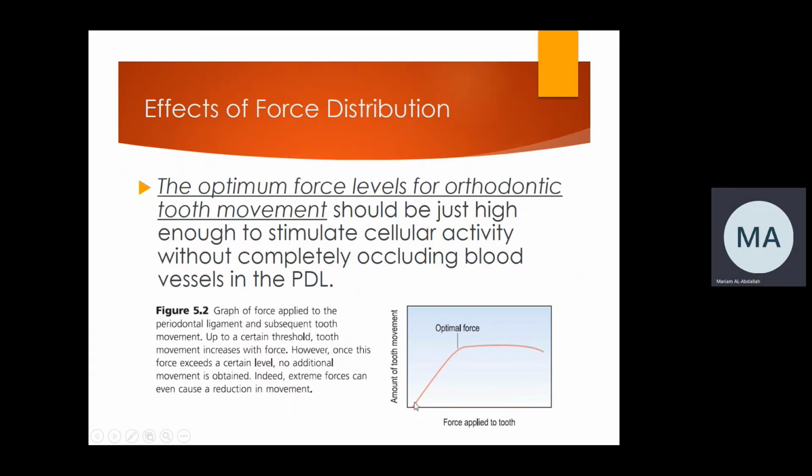Once we reach the threshold above which we will start to have a little bit of tooth movement, we will start to have the efficiency of tooth movement starting from this point here. So this part here, we have no tooth movement. This is when we have a force that is applied that can overcome the stabilization effect of the healthy periodontium, okay? As we increase the force, we can increase the amount of tooth movement.